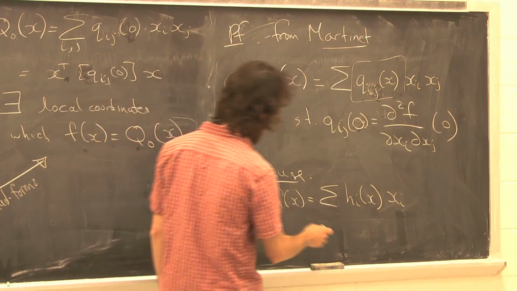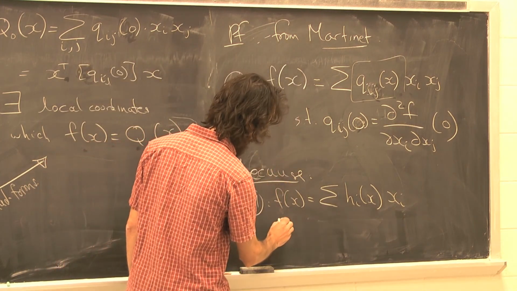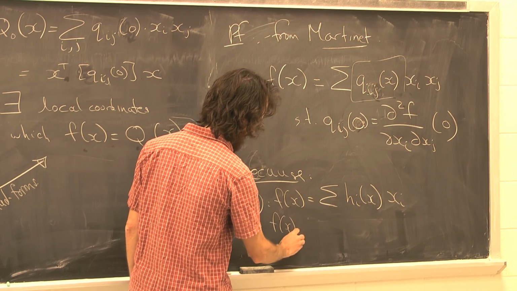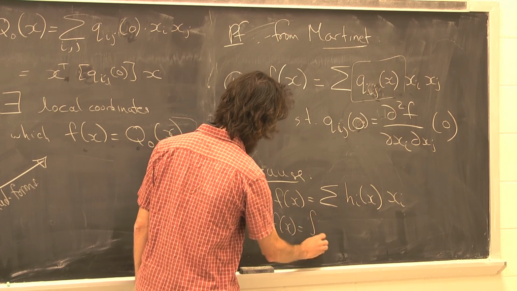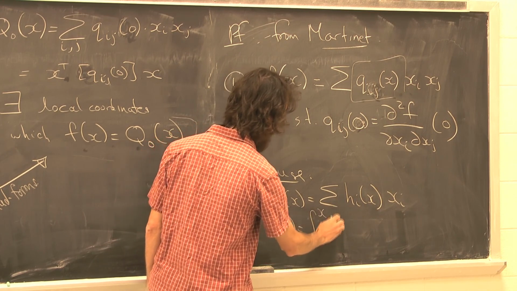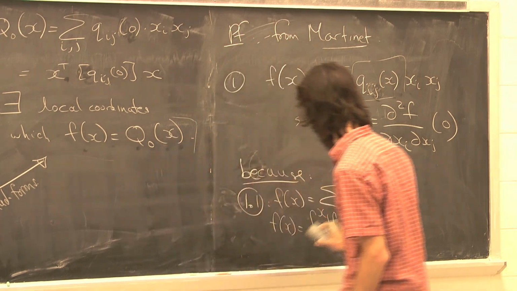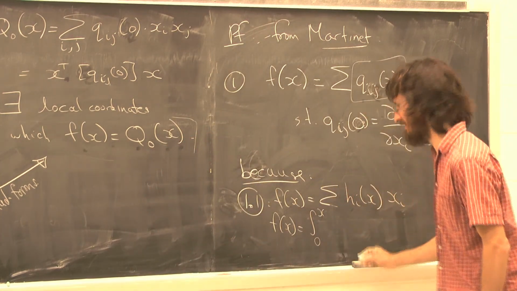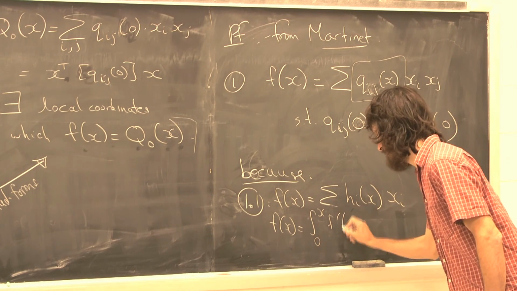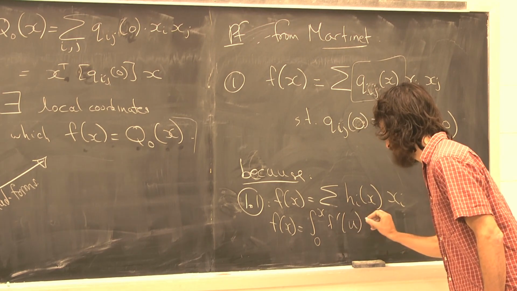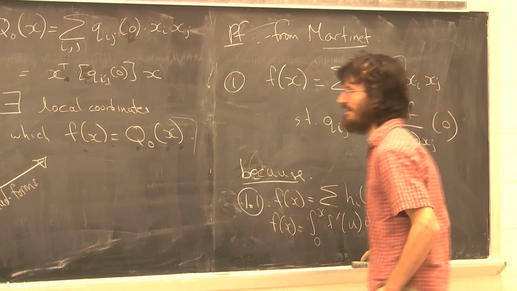This comes from saying f of x is really the integral from 0 to x of df. I'll do it in one variable: f prime of u du. And the same thing works in many variables.